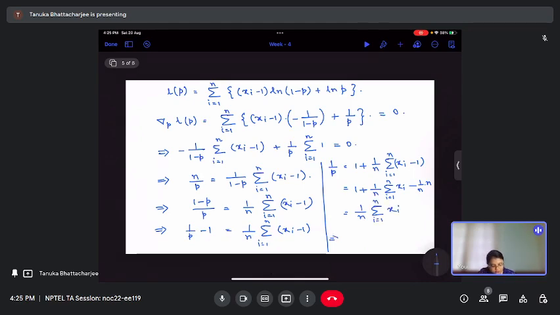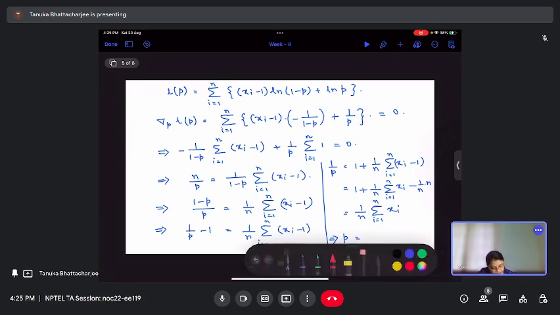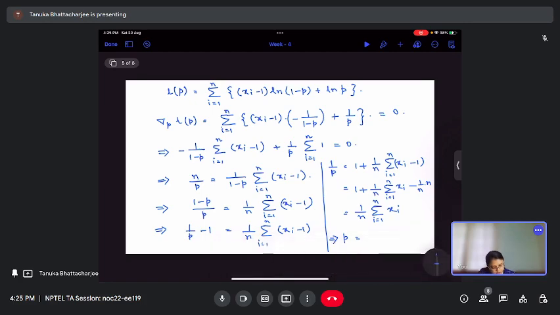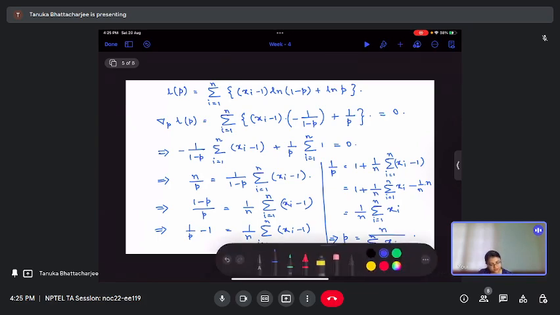So finally p will be the inverse of this, so it will be n by summation i equal to 1 to n xi. So this is the maximum likelihood estimate of p. Okay. This is the final answer.